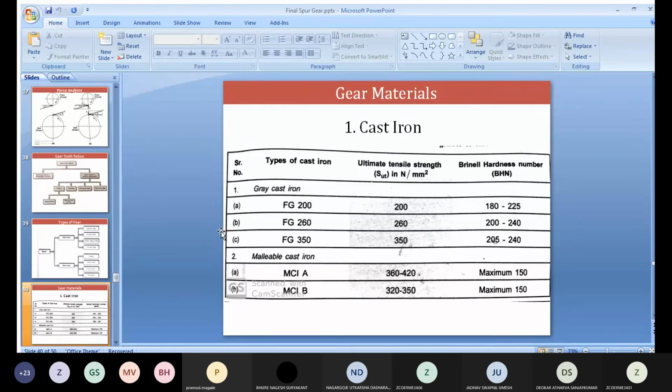Gears of larger size and complicated shapes can be easily manufactured by cast iron.